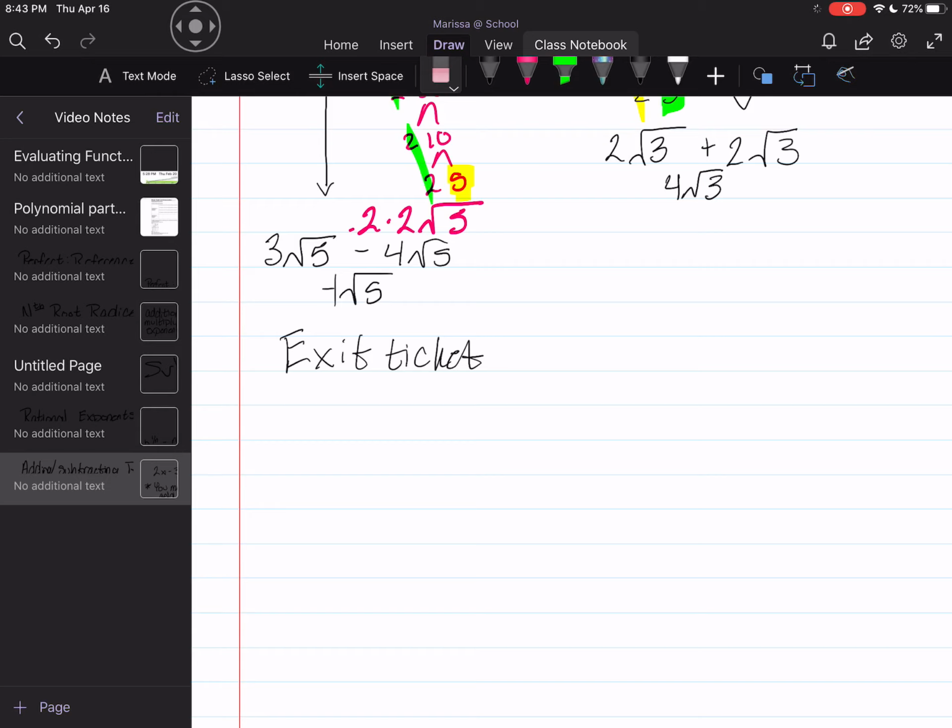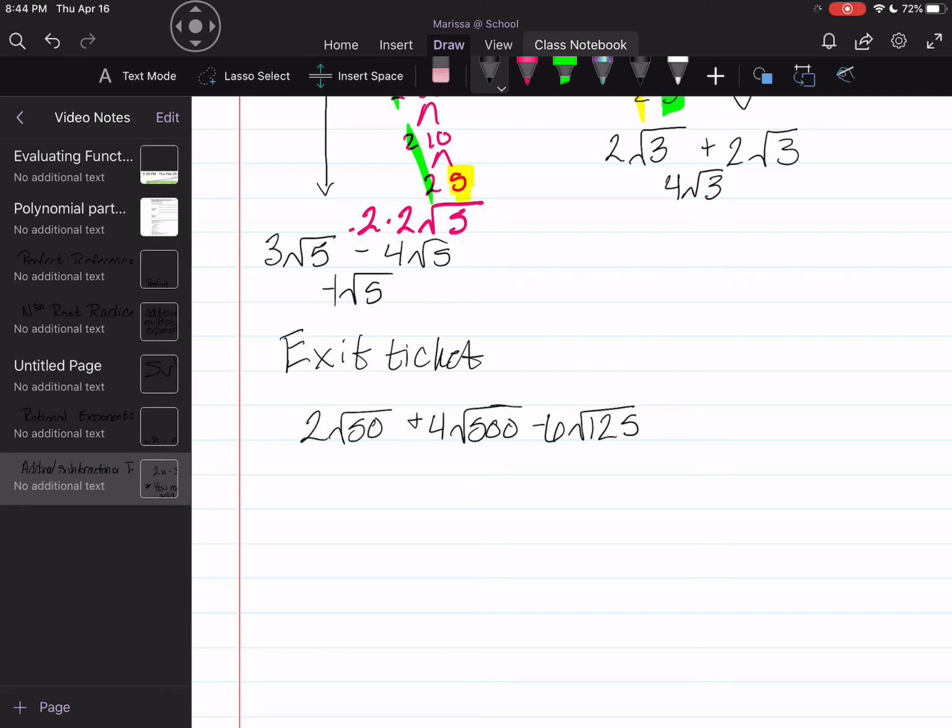Before you write that down, I'm going to give you a different one here. Let's do 2 radical 50 plus 4 radical 125. I know these numbers look big, but I know that you are all capable of it.